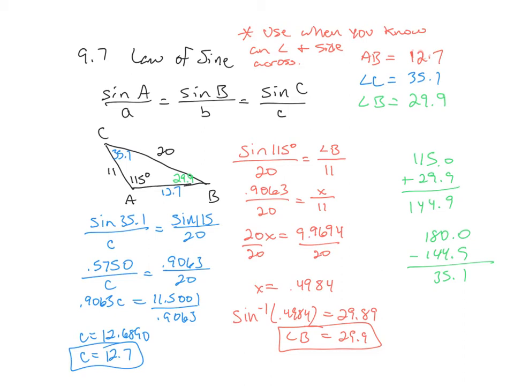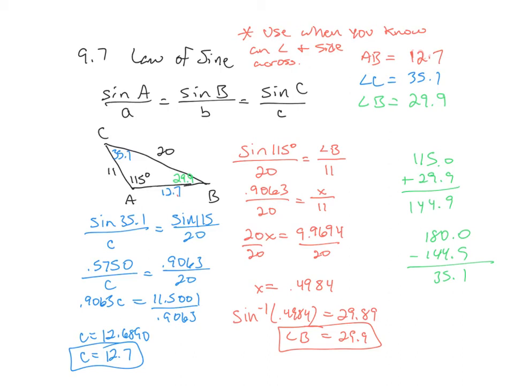So let's go back to this one. 115 is the angle, and 20 is across from that. Then 35.1 and 12.7, and 29.9 and 11. Those are fairly close, but they do go in order.